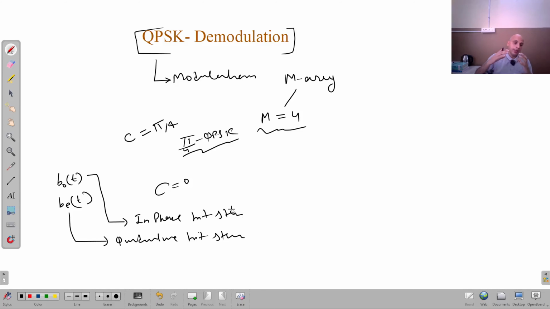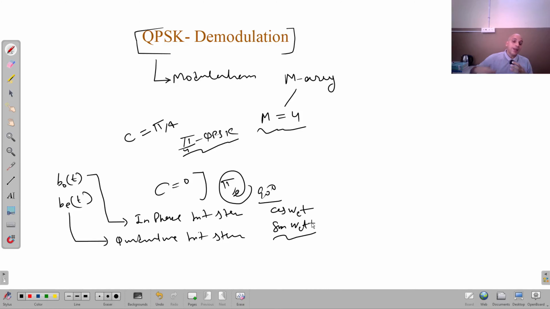So the first and foremost thing in QPSK is to separate the incoming bit stream into two parts. Then we take two carrier waves having the same frequency but a phase difference of pi by 2, I mean they are 90 degrees out of phase. One is cos of omega ct, so the other will be sine of omega ct.